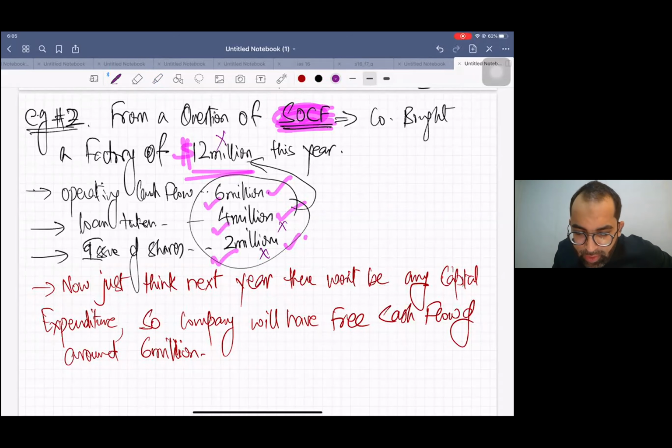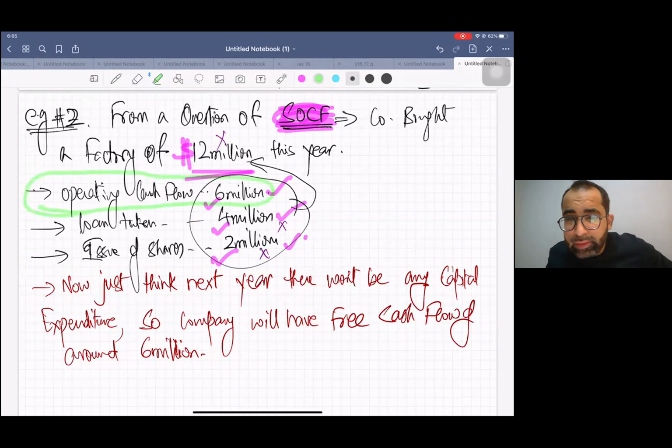But one thing is continuous. Have you heard this dialogue before? Operating activities are ongoing activities, routine activities. So if we have positive operating cash flows of 6 million, next year we'll have around the same 6 million.